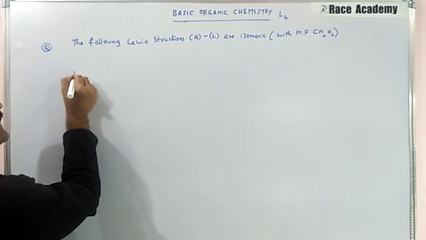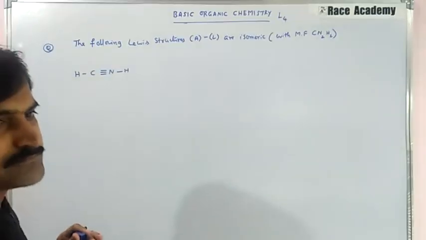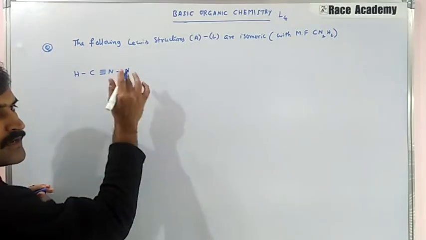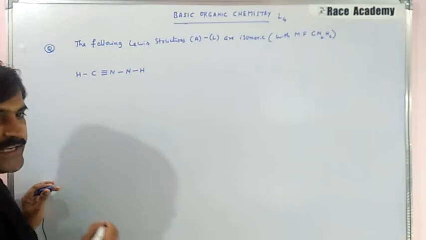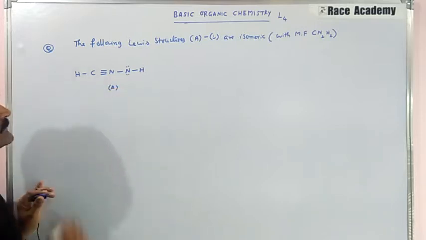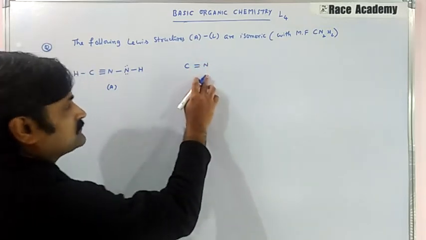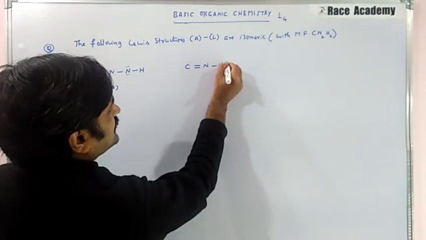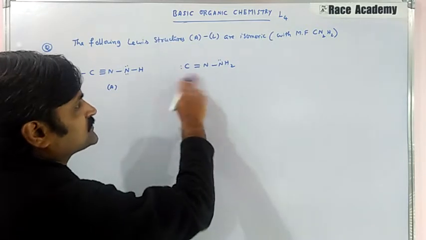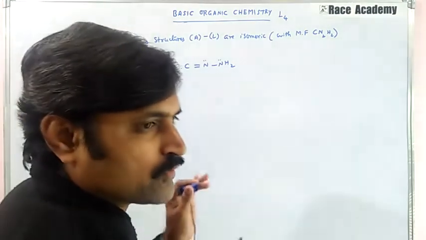What is the structure they have given? Like this: N, one more NH, and very clearly they have given some dots over the nitrogen. This is structure A. Another structure, between carbon, nitrogen and another nitrogen, they have given NH2, with a pair of electrons on this carbon, and this nitrogen also has a pair of electrons.